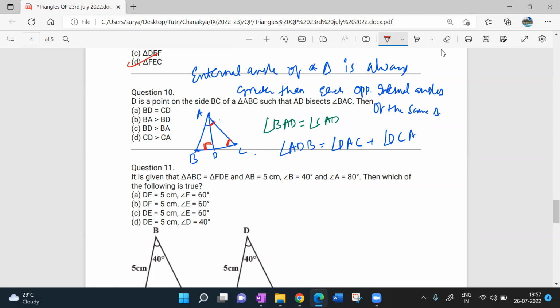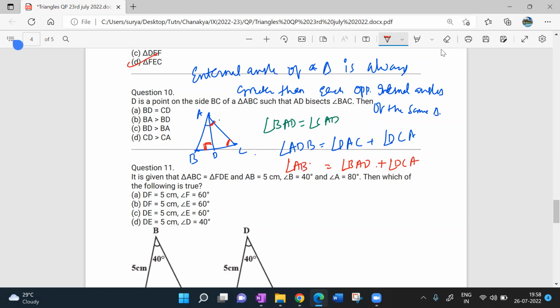So the exterior angle is always greater than the opposite internal angles of the same triangle. Angle A and angle C are equal, I think. Now can I say DAC is equal to BAD? Yes, sir. And DCA as it is.